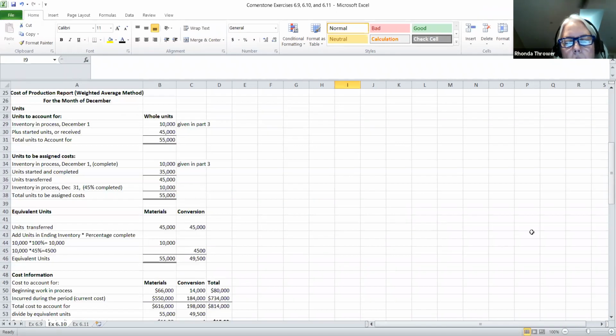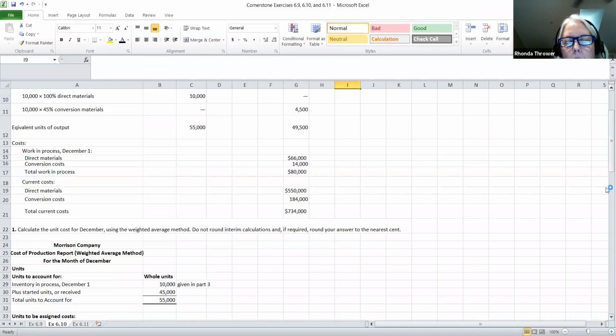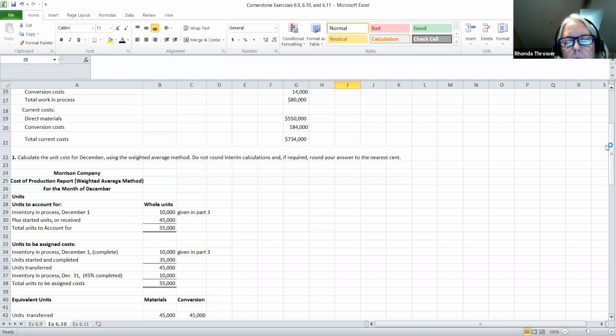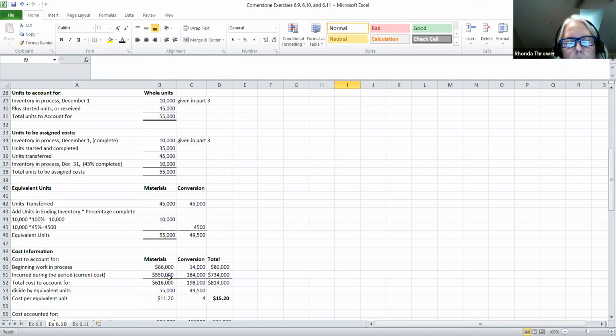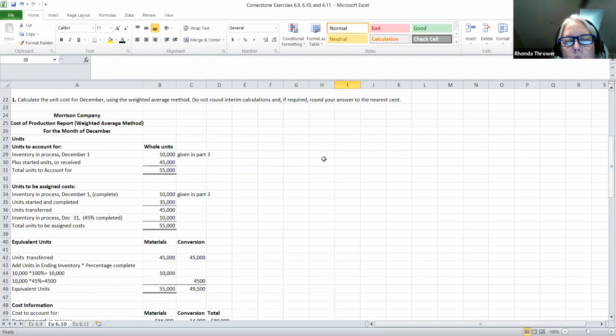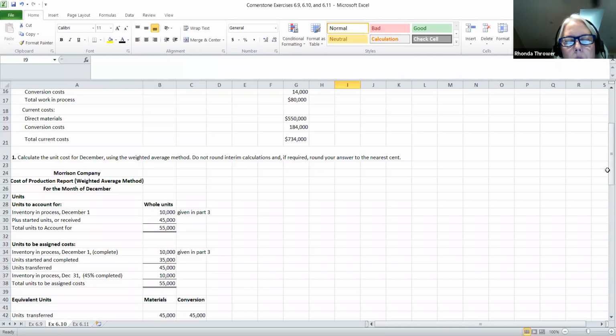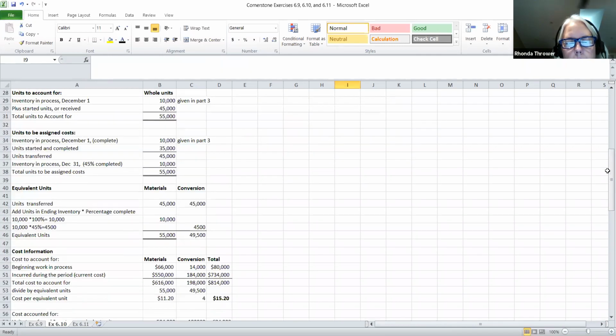And if you add the two together, the total beginning inventory cost is 80,000. The costs for this period are 550,000, which was given for materials, and 184,000, which was also given for conversion. So this information basically right here is given.